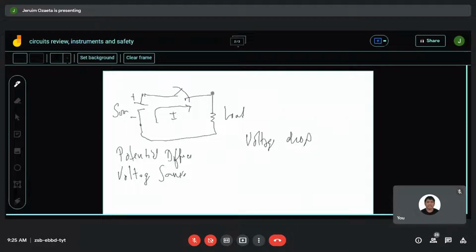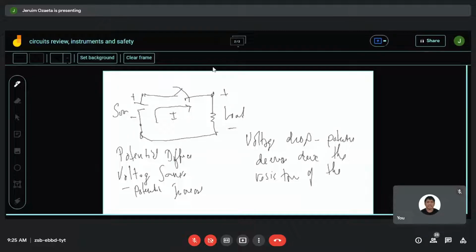So voltage drop in the load because if the source increases, the potential increases in the voltage drop, that is, potential decreases due to the resistance of the load. Okay? So ayan ang very important.